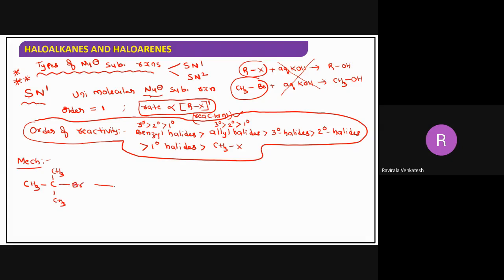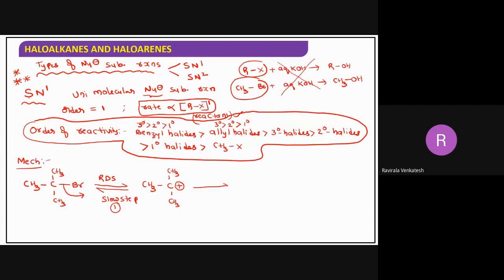Now this is the first step, in which the Br will be removed. So we are going to get the carbocation, a positive charge. This is the first step, the rate determining step or slow step, step number 1.